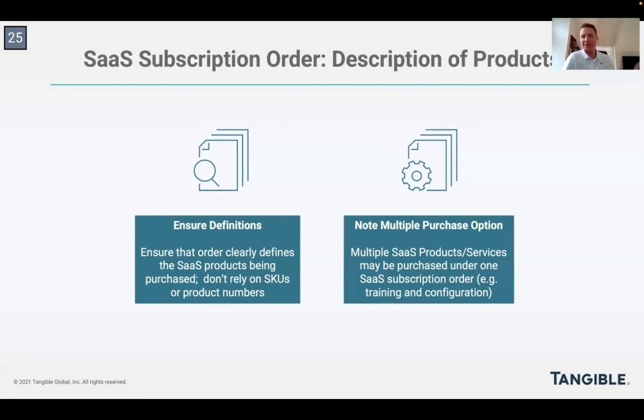So again, this might sound very common sense and tactical, but a simple Google search and cruising of the vendor's website is often a really valuable step to see what service offerings this vendor actually has and which one your client is signing up to. Just because oftentimes the order forms can either be vendor shorthand that can be imprecise, or they can conflate the name of the vendor with the name of the vendor's products in a way that can get confusing down the line.